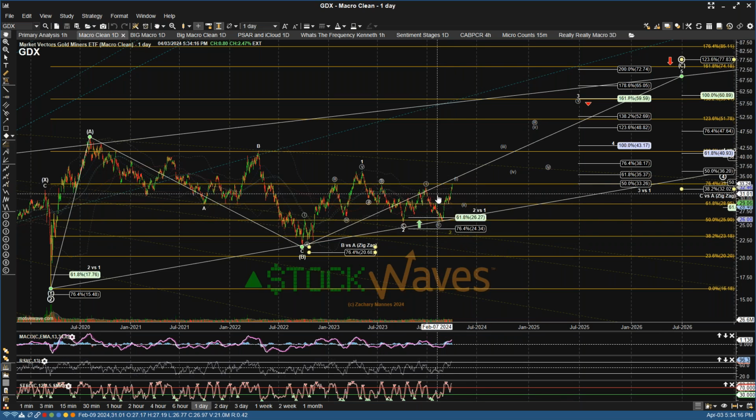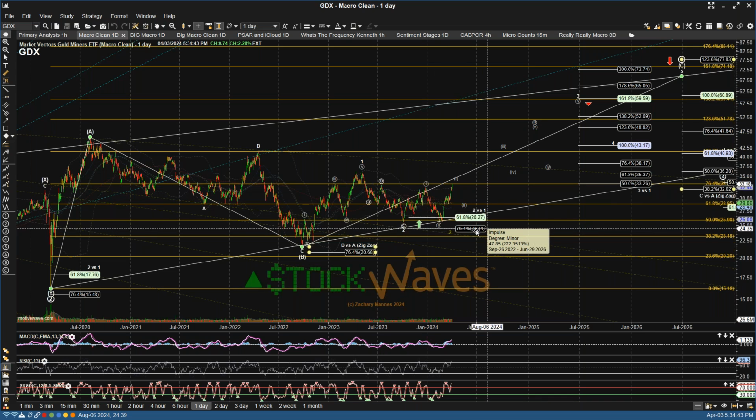The other concern, though, that I have is that because this held where it did, and this doesn't clearly look like 5 waves up, and this is now a proportionate move, almost identical in size to this move off of September or October, this can be an ABC flat. And that ABC flat could imply another attempt at the 24 to 22 level, which 24.34 is the 764 retrace.